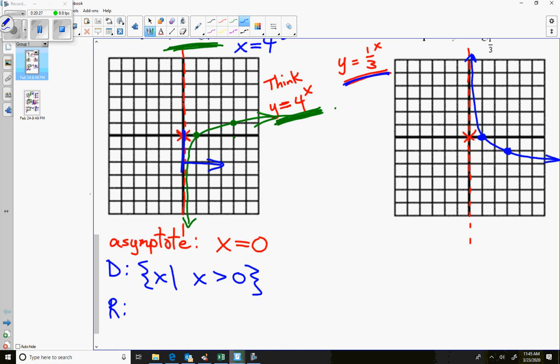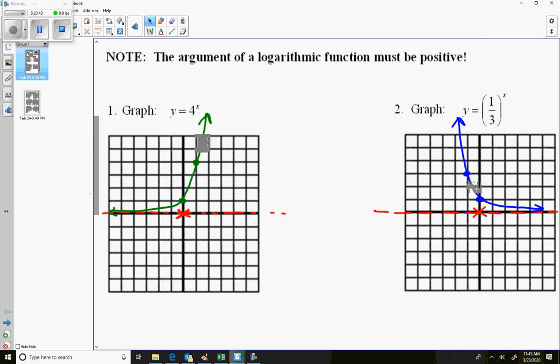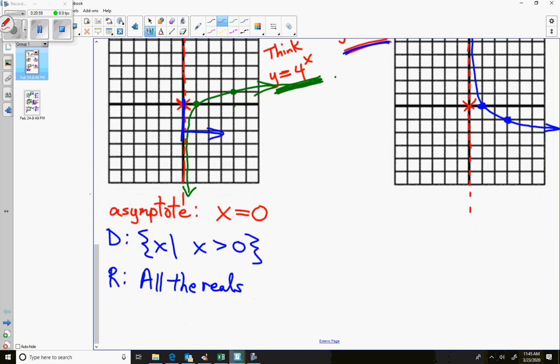But even though it's going mainly to the right, it is still going up forever also. So my range is all the reals. Okay, note that that is a switch of what was going on with my exponential graph. With my exponential graph, the domain was all the reals, and the range was bounded by that asymptote. But again, they're inverses. You switch x and y, now we have your domain and range getting switched.